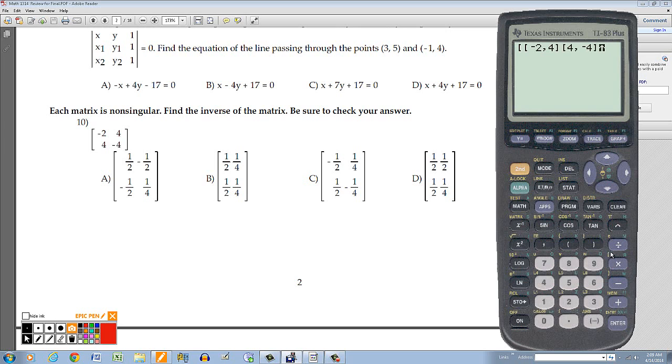Close with a bracket, and then another main bracket, and then I want the inverse, so I need this negative 1 right here. Hit enter.